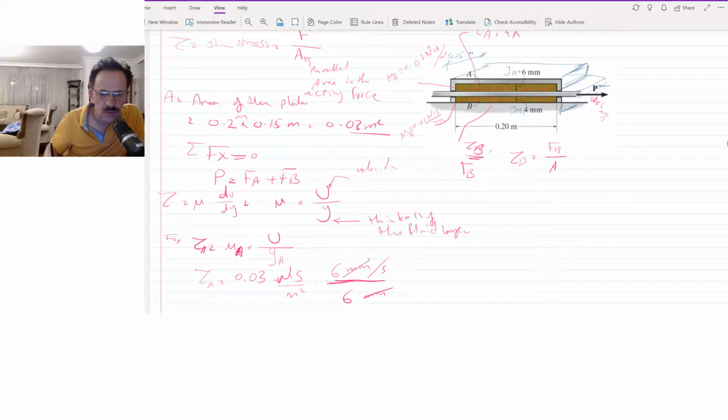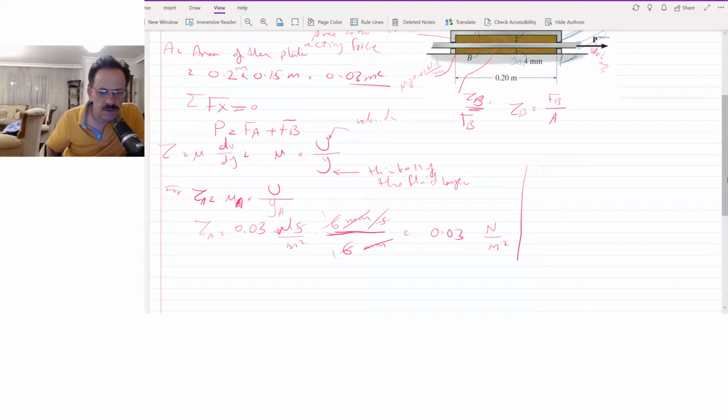So we do not need to convert, they are all the same, and the second with the second will cancel, so the result will be in Newton per meter square. The result is equal to 0.03.